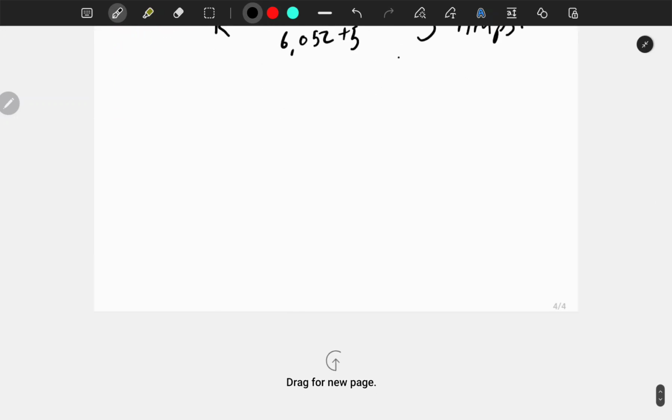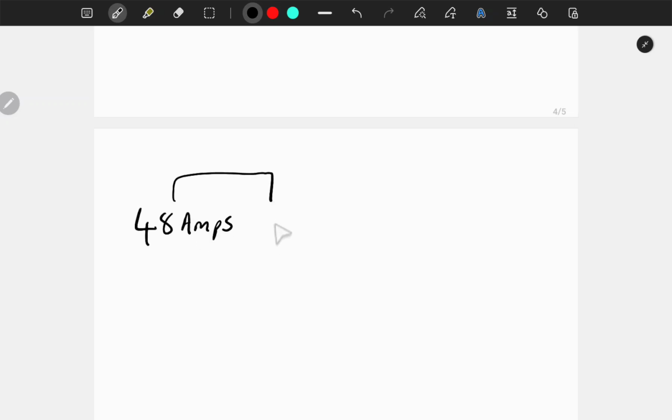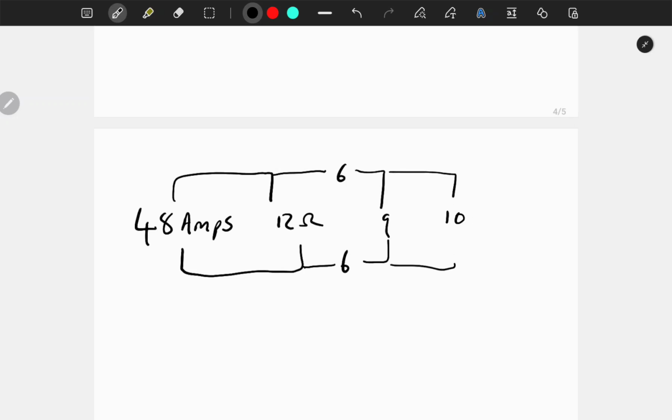So now let's do another question. But for this question, we are going to look at the amps. So we got 48 amps, which is connected with a 12 ohm resistor connected to 6, 9, and then 10.